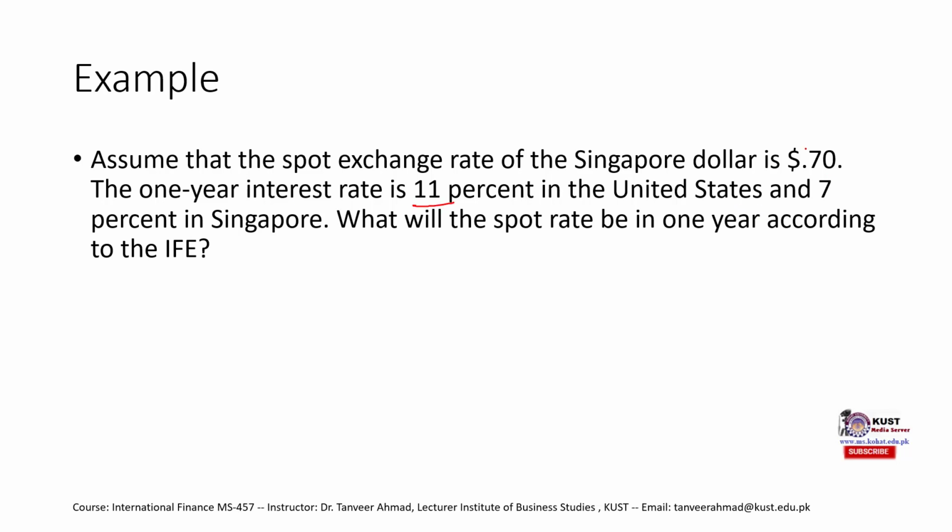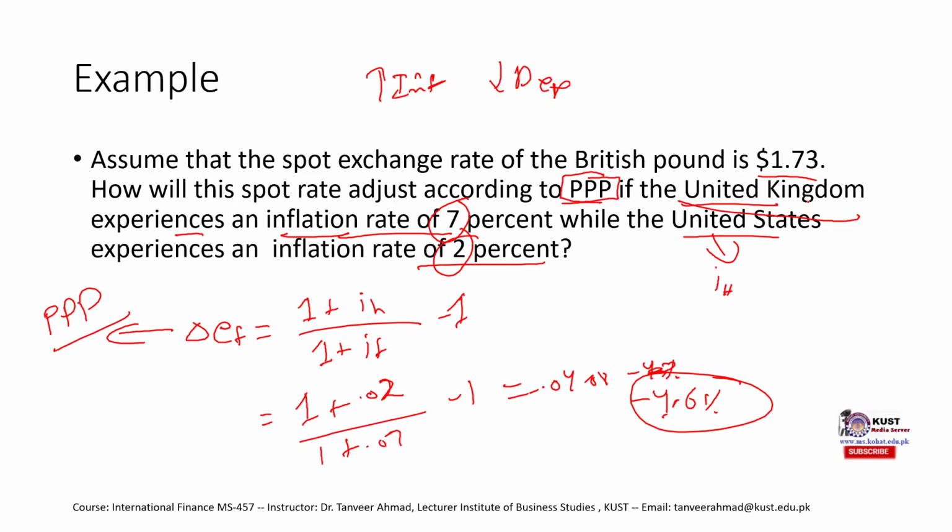Okay, one more thing that is left. We have the spot rate, which is 1.73. So if we say that the foreign currency would depreciate by 4.6%, then what we need to do is multiply this by 0.046.